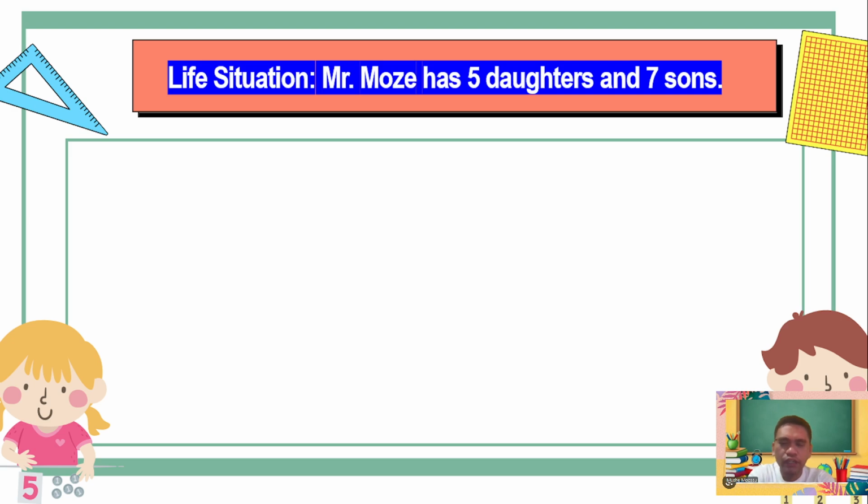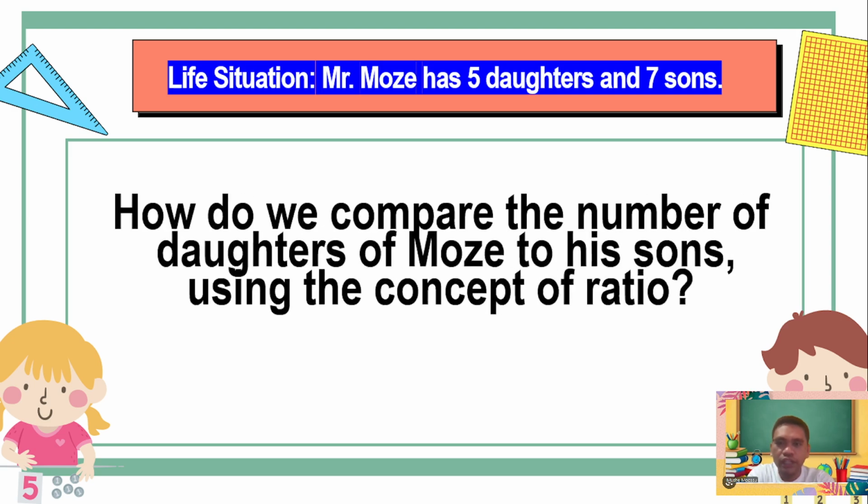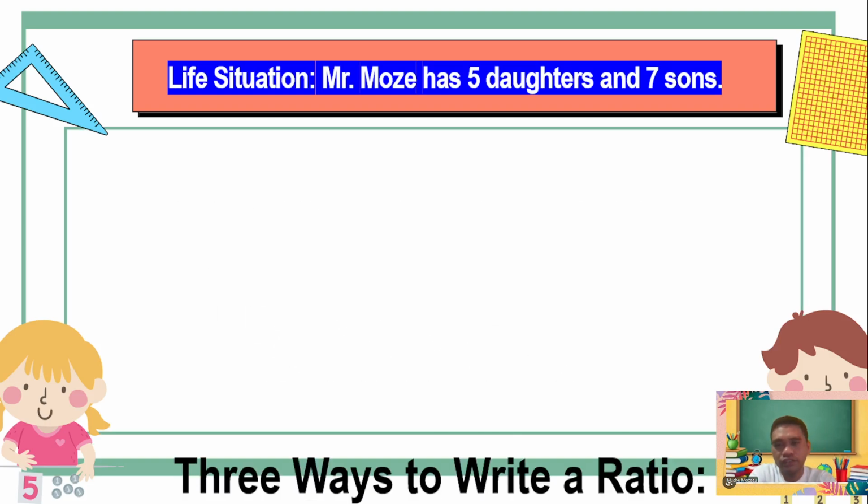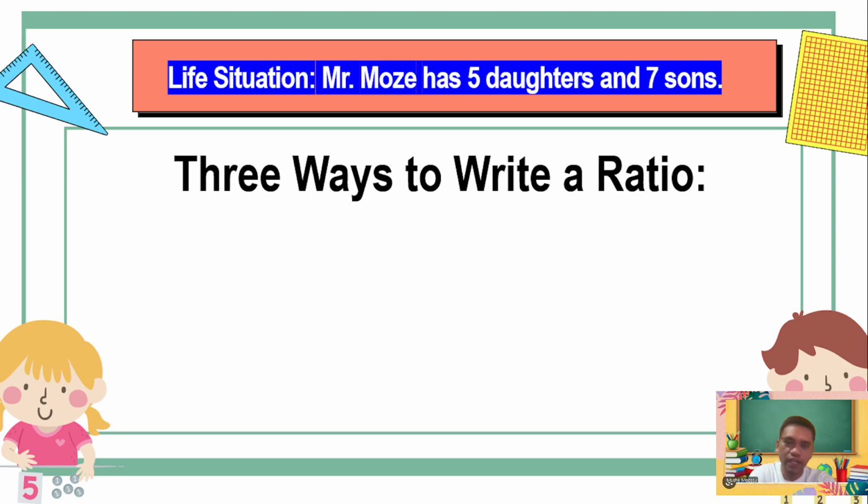So if we are going to express this situation using ratio, okay, actually there are, okay, let's read this one. How do we compare? Okay, everybody, basa. Okay, so how do we compare the number of daughters of Mosey to his sons using the concept of ratio? Okay, let's find out. Right, so there are actually 3 ways to write a ratio.